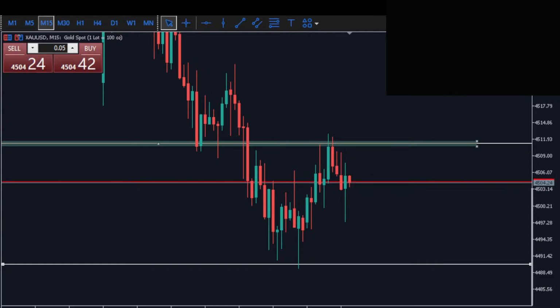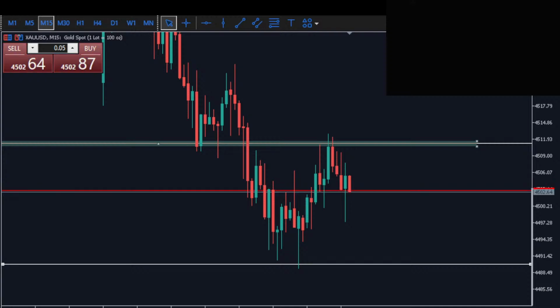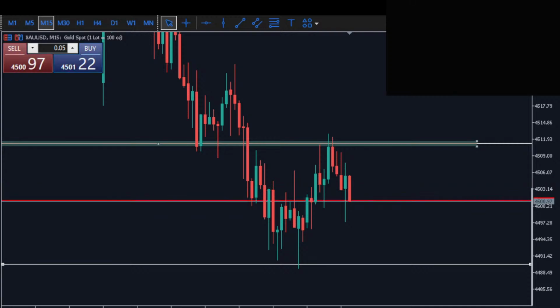You see, the candle has just printed bullish. Now we have a very consolidating zone right now in New York time. It's pushing, pushing.